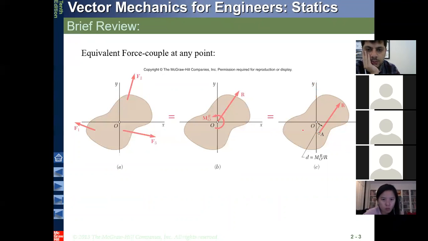So then you first calculate the resultant, calculate the moment about one point, and then displace that resultant force in such a way that the distance would be equal to M over the magnitude of that force. So this is what we call the equivalent force couple.